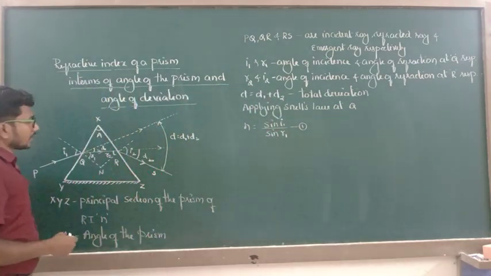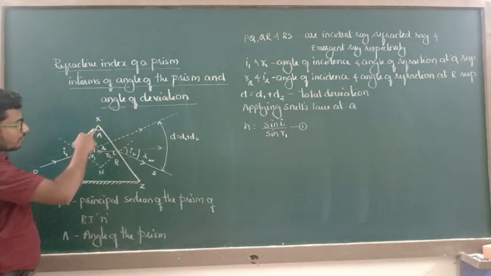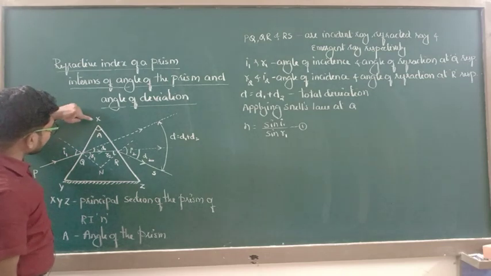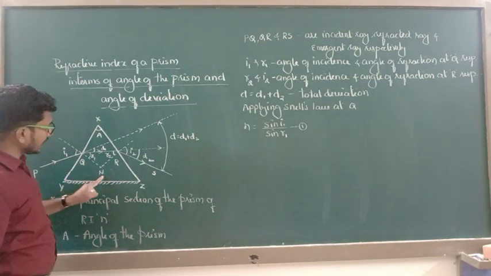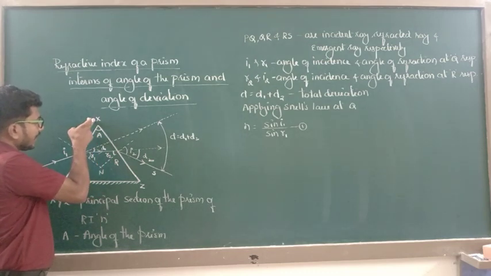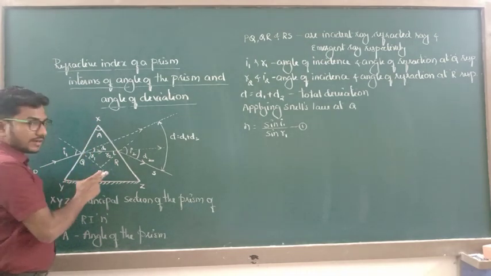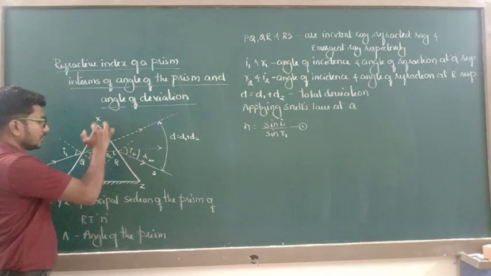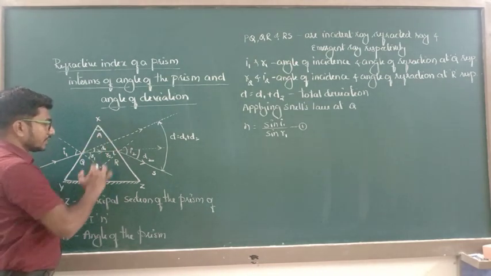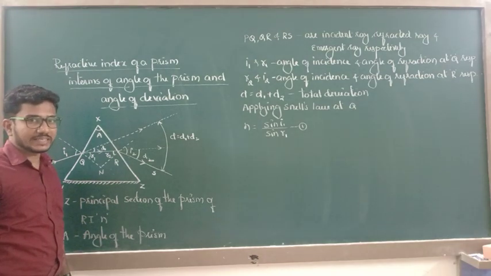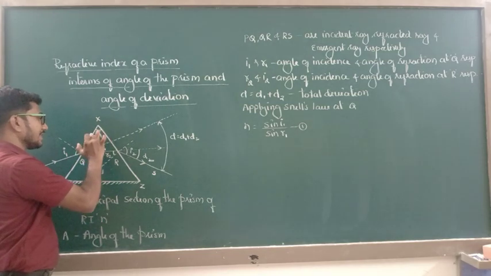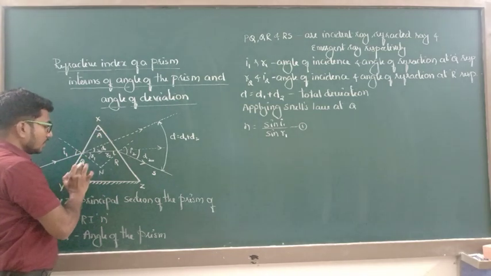Then from the quadrilateral, just observe the diagram, the quadrilateral XQNR. In this quadrilateral XQNR, the sum of the opposite angles is equal to 180 degrees. Now I am going to consider these two angles, that is A and angle QNR.